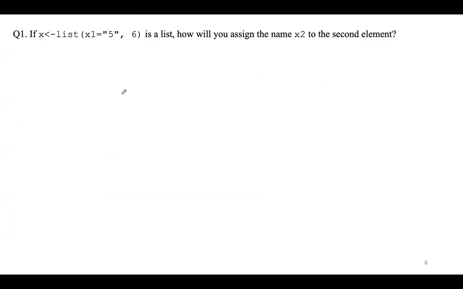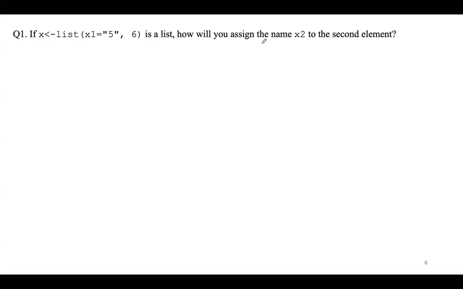All right. So if I have this list X, wherein I specify the name for the first element, but I don't specify a name for the second element, and that's a list.